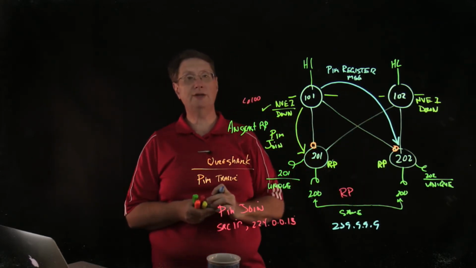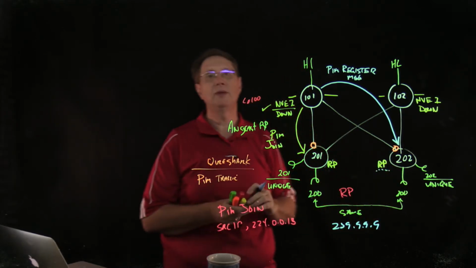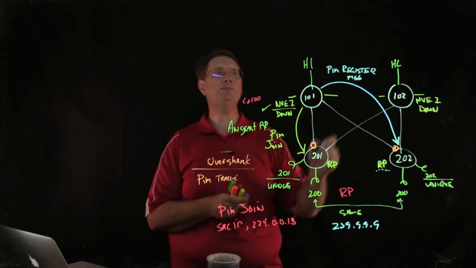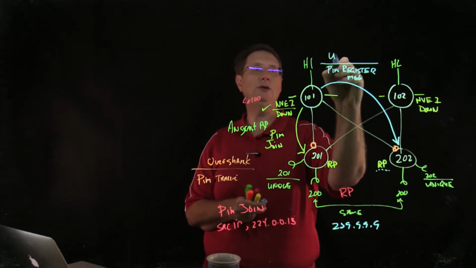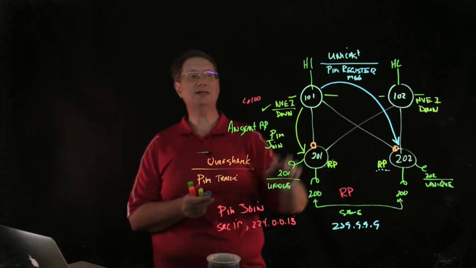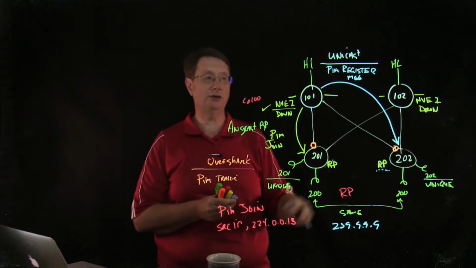So it's trying to join the fabric. And you'll notice in this specific case, it should go to the other rendezvous point, because this PIM register is actually a unicast. So the multicast is going to be re-encapsulated in unicast and sent directly to another switch.